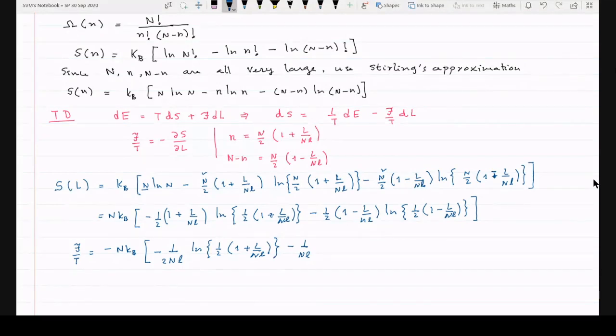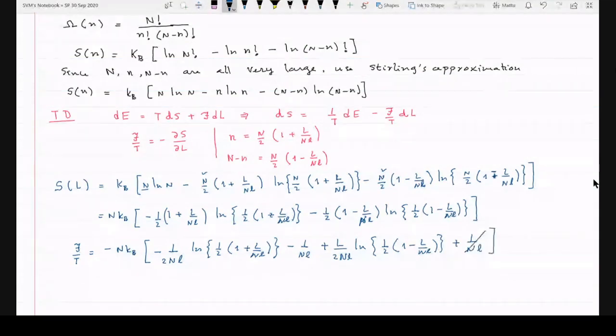Similarly, if I do the differentiation of this, then I will have plus L by 2NL, where NL is capital NL. And if I differentiate the logarithm of half into 1 minus L by NL, that will be plus 1 by NL.